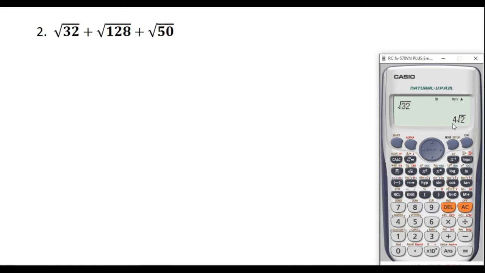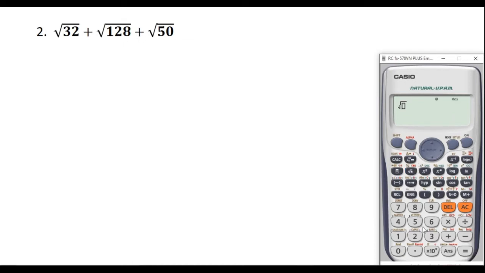So you have 16 times 2 for 32. For 128, you press square root of 128. Then you press equal to, you are getting 8 root 2. So the perfect square you are looking for is 8 squared, which will give you 64. Then the other number is 2. So you have 64 times 2 for 128.